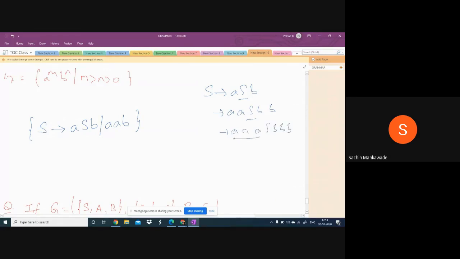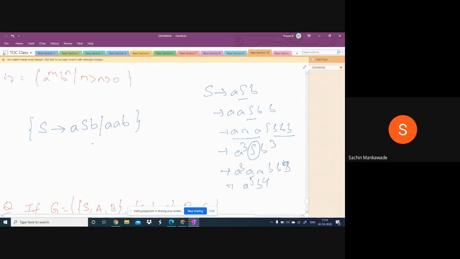So the number of A's before S and the number of B's after S will always be the same. If I substitute again ASB, then A power 4, S, B power 4. Again ASB, then A power 5, S, B power 5. And finally, S will be replaced by AAB. So this is the string A power 5, B power 4.